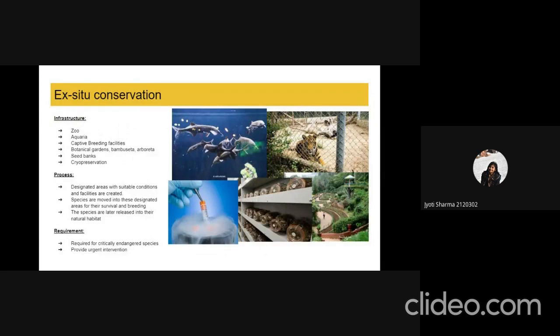Then we have ex situ conservation. Here we can see the aquarium and the tiger in the zoo. Here we have the seed bank, in which we can store seeds in such a way that if some species goes extinct, we can make use of these seeds to revive that species.